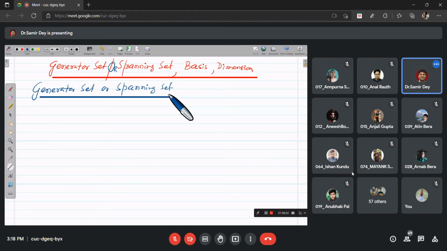It means that if it is possible to represent all by a set of group members or by a set of elements, then this set is called the generator or spanning set.